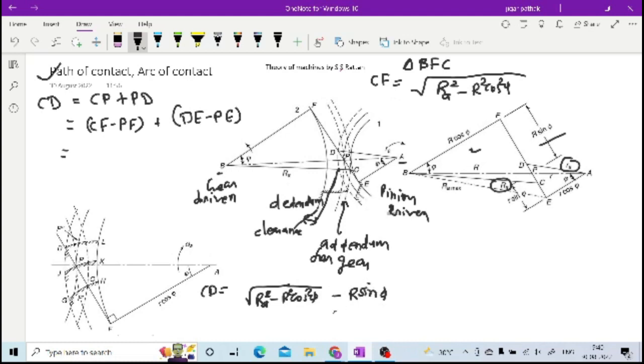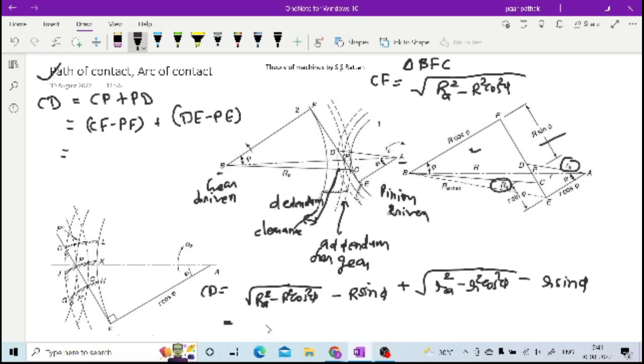Now as you have written this for your gear, similarly when you write for DE and PE for your pinion also, you will find it in a similar way, that DE is nothing but the square root of RA square minus R square cos square phi minus R sin phi, right? So this is how you have your particular path of contact.